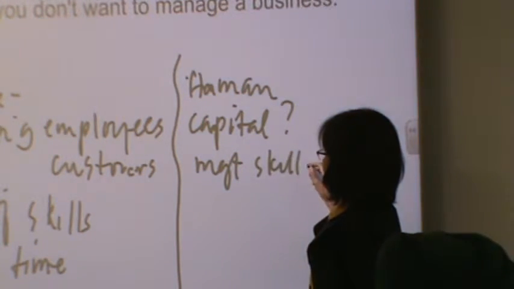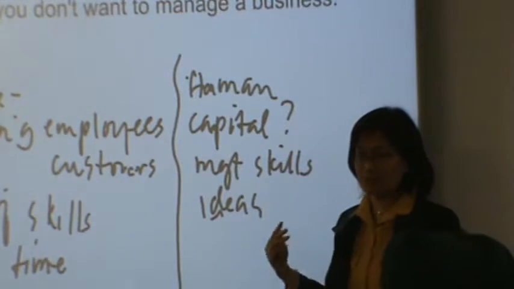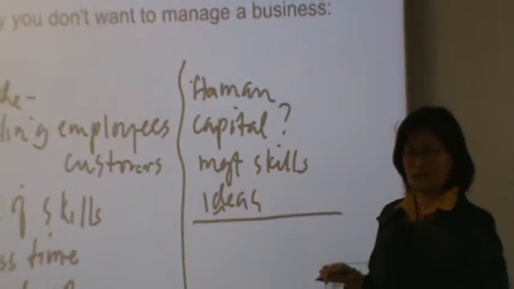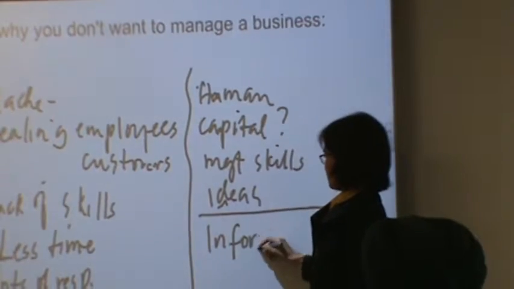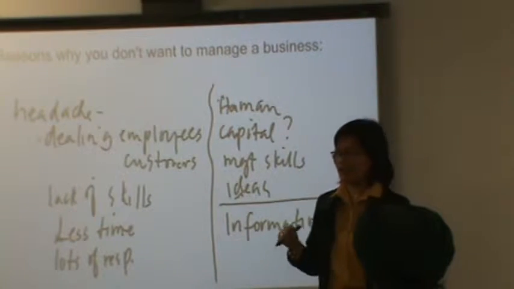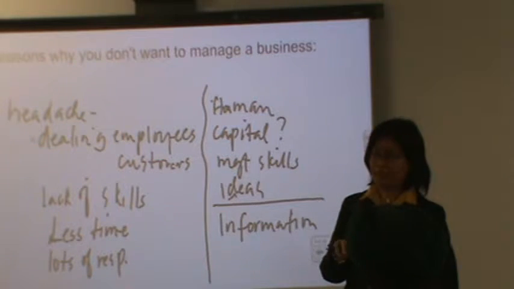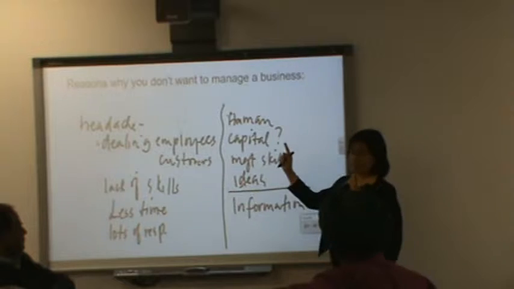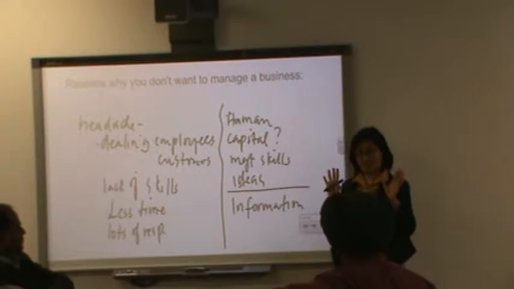In today's technological advancement, we can say that the most critical resource of an organization is information. People in business think that if you have the right information at the right time and at the right place, you can compete strongly in the market because capital can be borrowed, skills can be acquired, ideas can be generated.